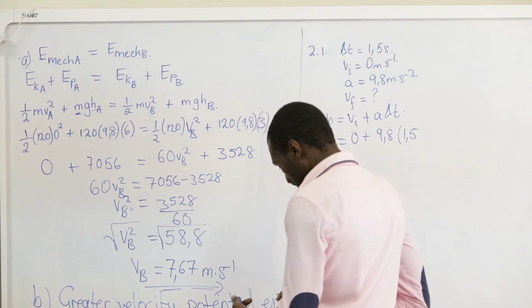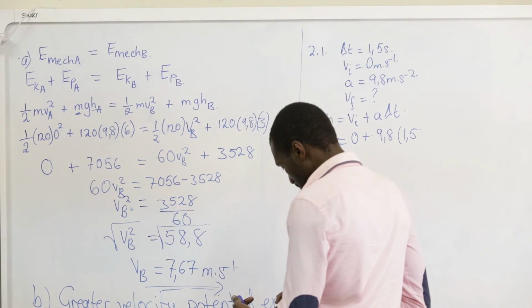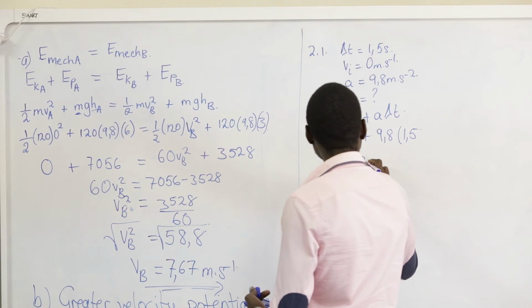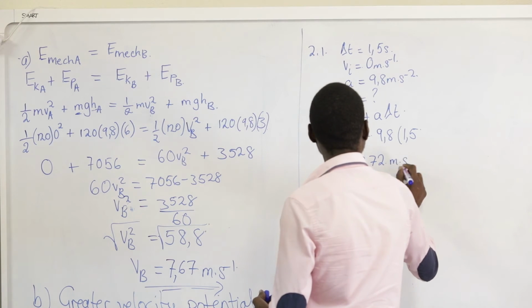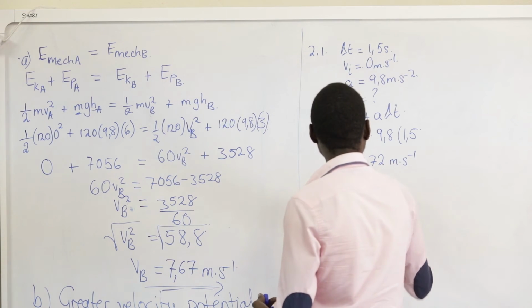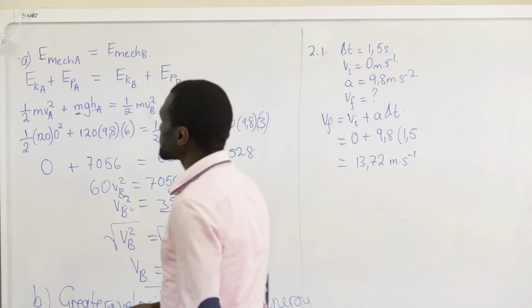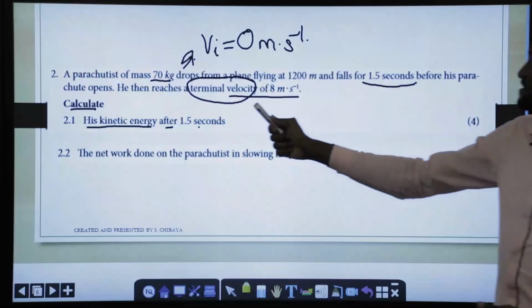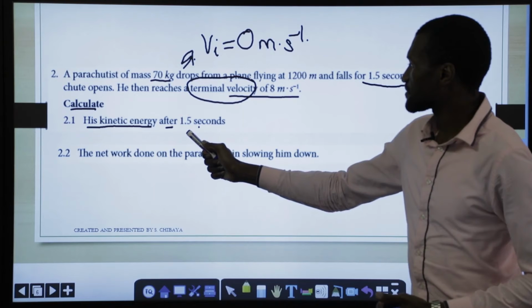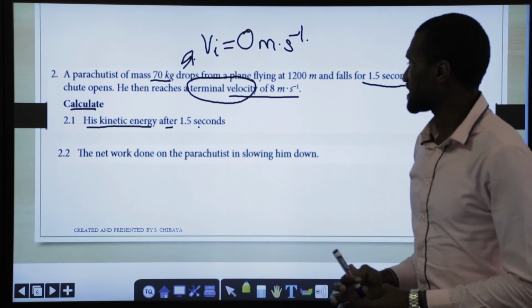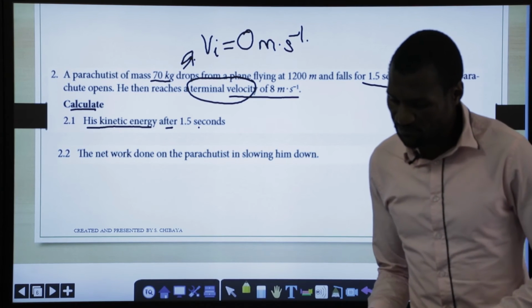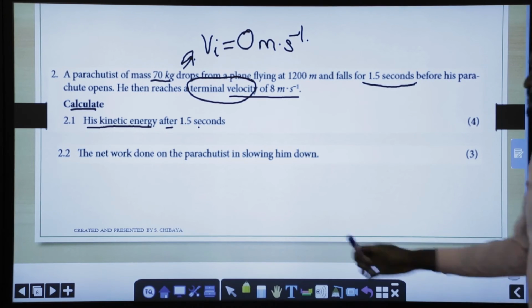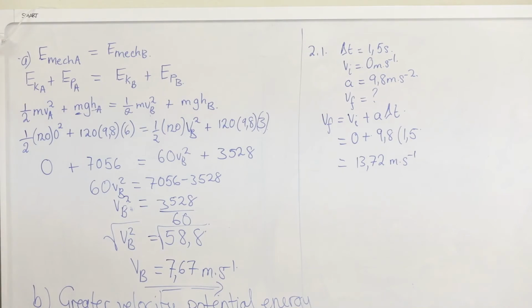In other words, 9.8 multiplied by 1.5 is equal to 13.72 meters per second. That is the velocity of the parachutist after 1.5 seconds.